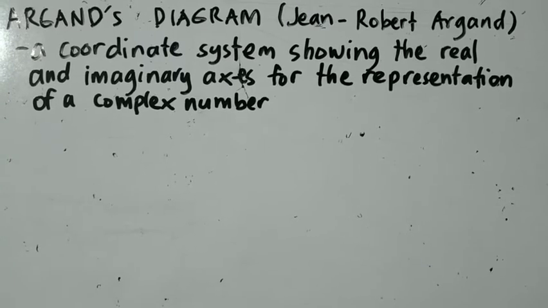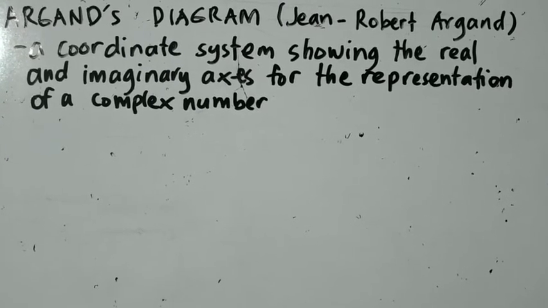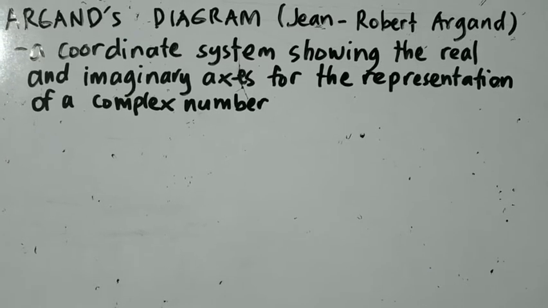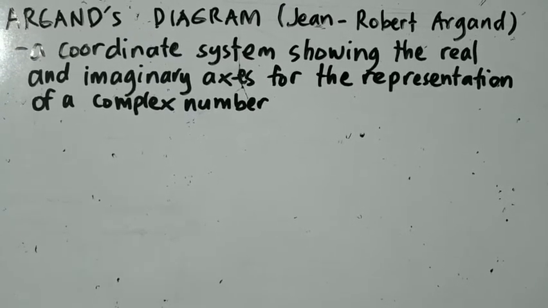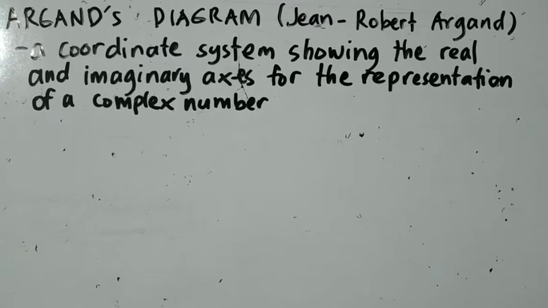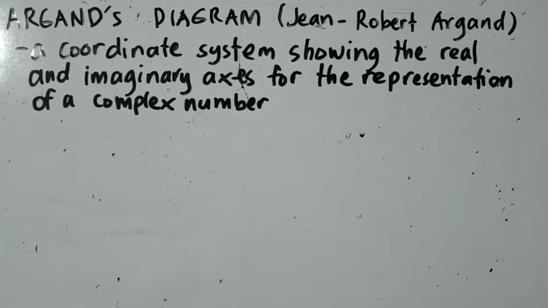We can do that by using what we call the Argand diagram. It was developed by a French mathematician, Jean-Robert Argand. The Argand diagram is much like our Cartesian coordinate system. It is a coordinate system showing the real and imaginary axes for the presentation of a complex number.